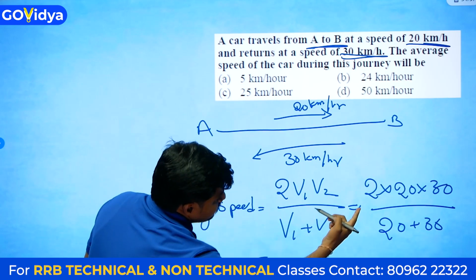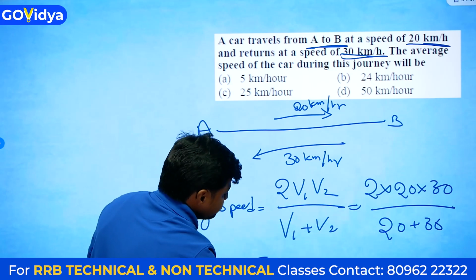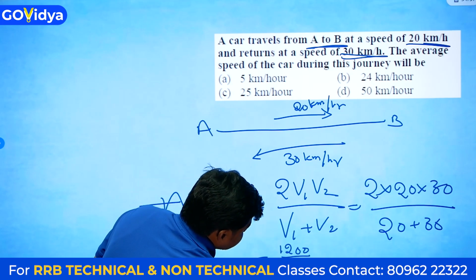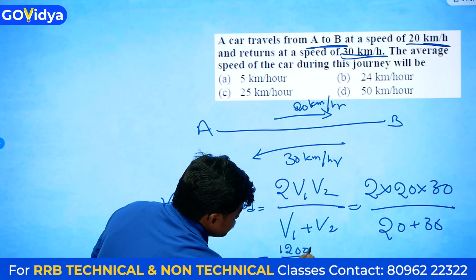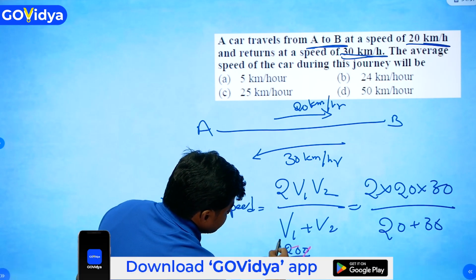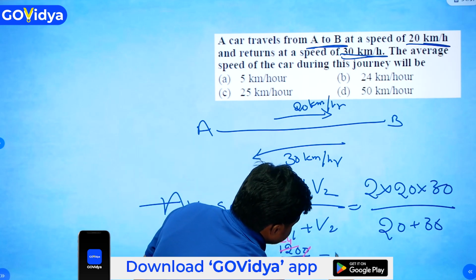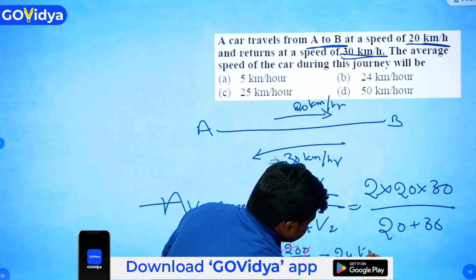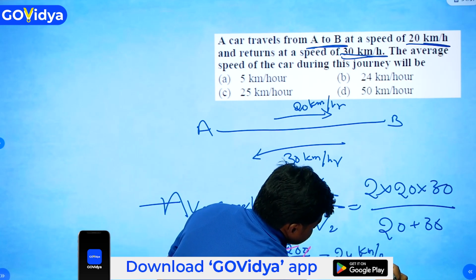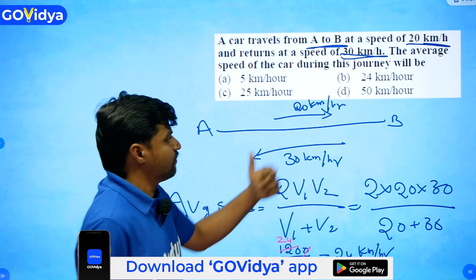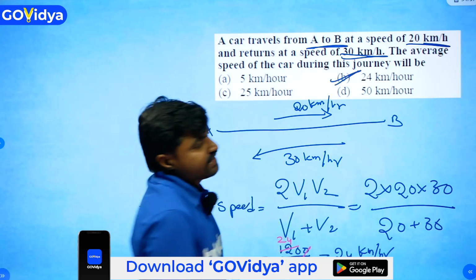Here we will get 40 into 30, 1200 by 50. The 0 will cancel, 5 ones are 5, 5 twos are 10, and we get 24. Average speed is 24 km per hour. Option B is the correct answer.